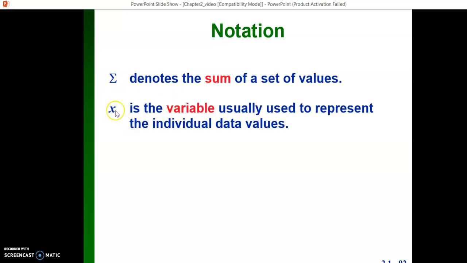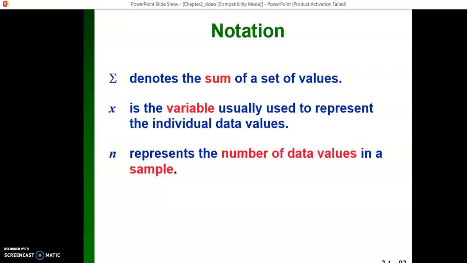Next, the most important one: x is the variable usually used to represent the individual data values. If you have 3, 4, 5 and 7, each of those values is represented by x. If you want to write this as a notation, you have to know these variables. Next, n represents the number of data values in a sample.